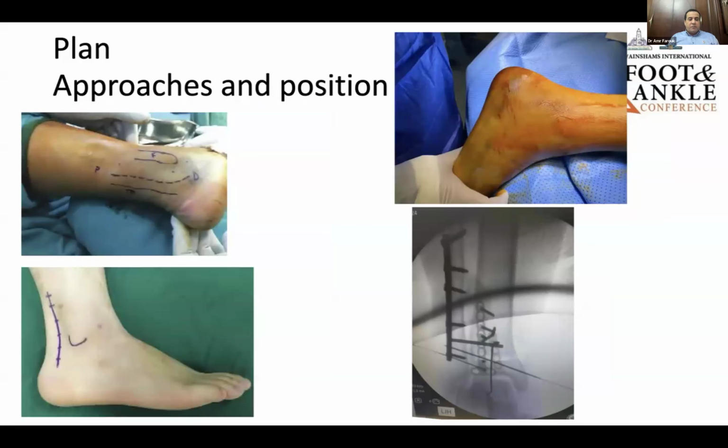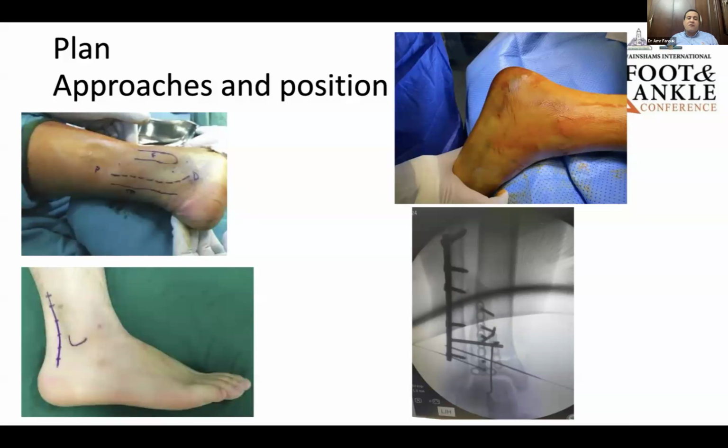Nowadays, we are using the posterolateral approach very commonly in these types of fractures. This is an easy approach and a direct approach we can use to attack both the fibula and the posterolateral fragment or the posterior malleolus. So this is where we are going to start.